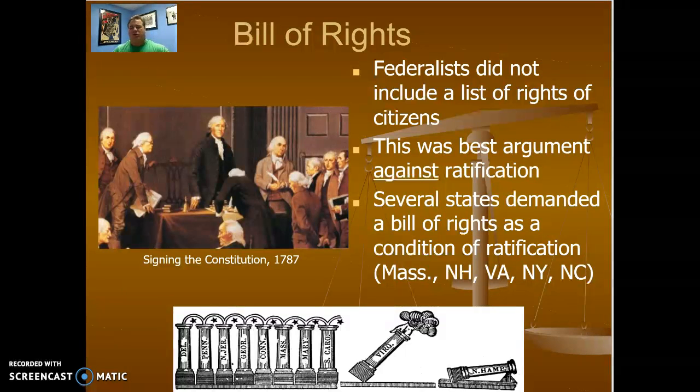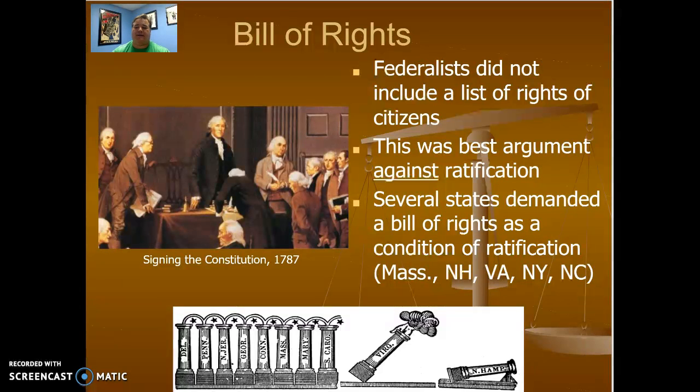But the best argument against ratification was that the Federalists didn't have some sort of list of the rights of the people. And several states demanded a Bill of Rights as a condition of ratification of this Constitution. Massachusetts, New Hampshire, Virginia, New York, North Carolina, these are big, powerful states.